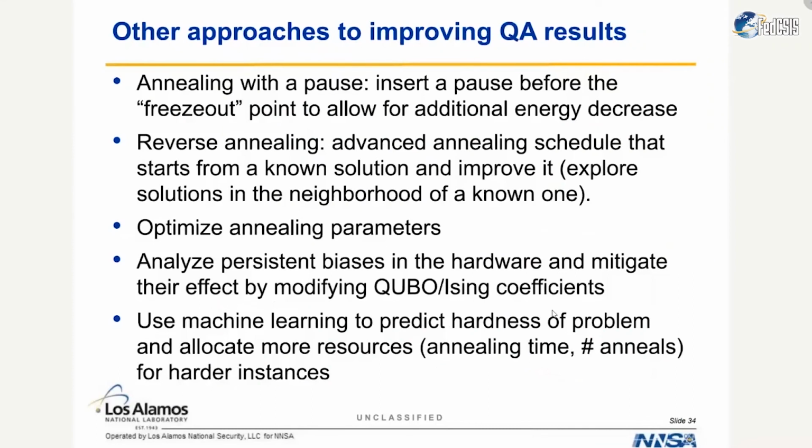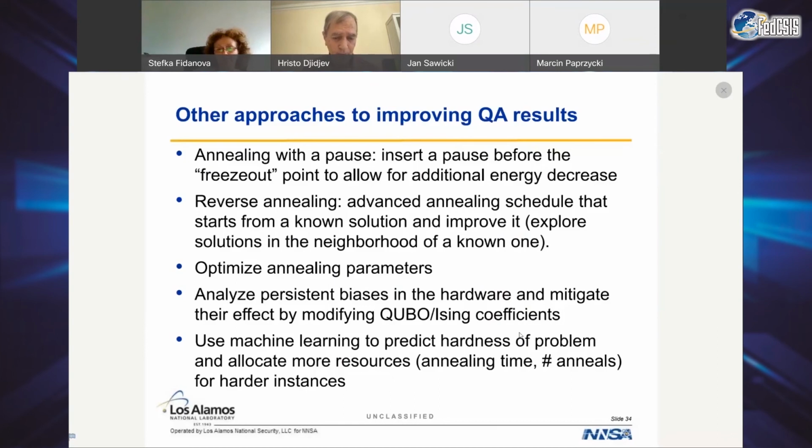Other approaches that I don't have time to discuss. So for instance, we can insert a pulse. We can do reverse annealing, starting from some known solution, and as a result, we can limit the search for solutions to the area of some good solution that we are aware of. We have done some annealing parameter optimization. We have tried to mitigate some persistent hardware biases by modifying the coefficients.